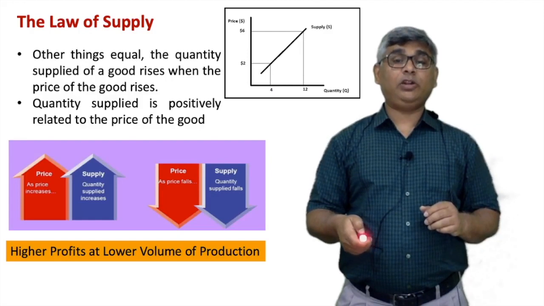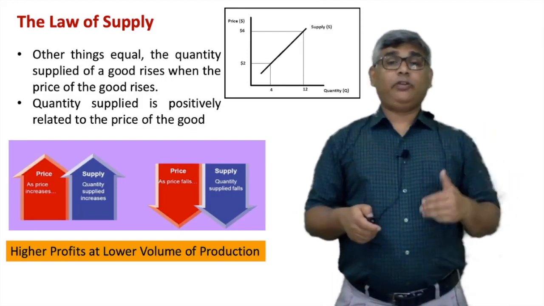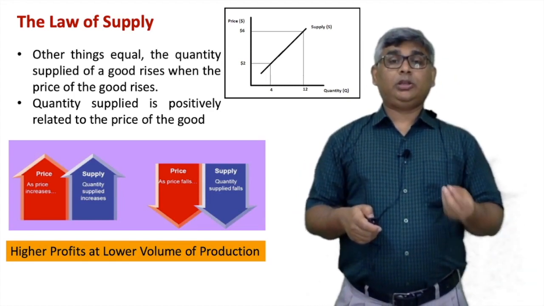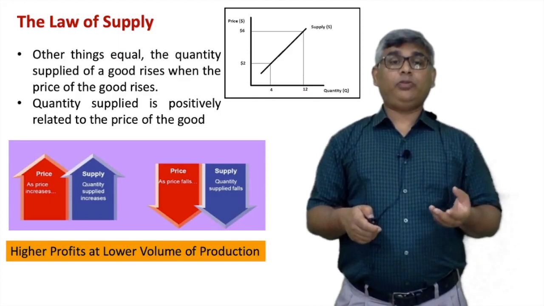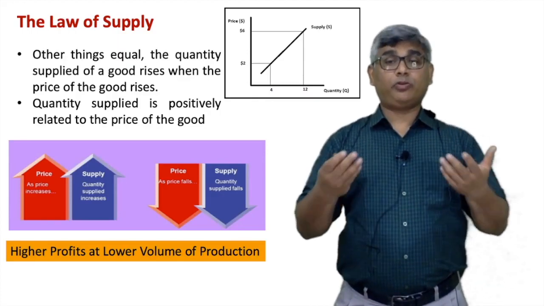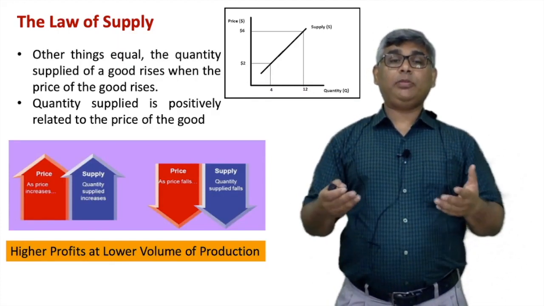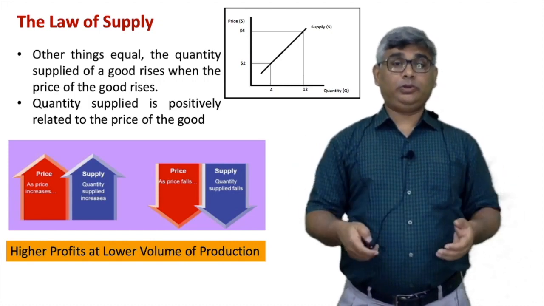So we have this kind of positive correlation. That is, whenever there is a higher price of a particular product, from a seller's point of view or from a manufacturer's point of view, I wish to supply more units in the market. The reason being that now I will be generating profits at much lower volume.